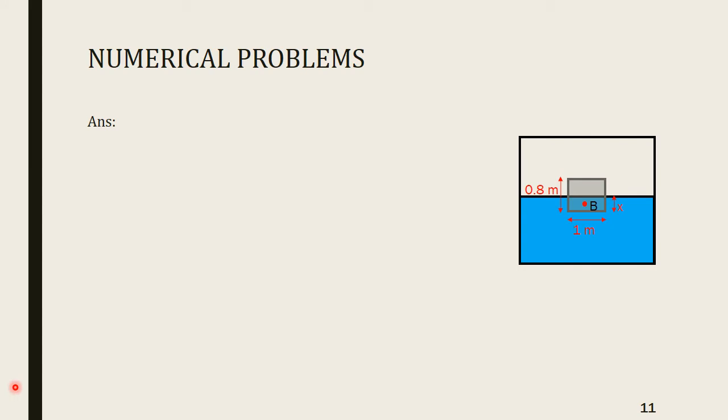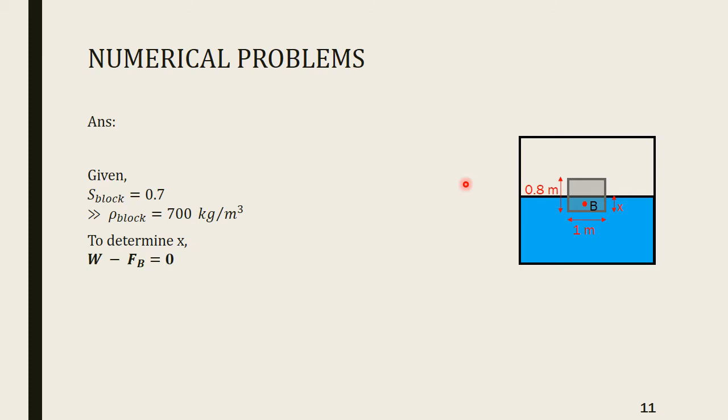So this is the block. Its width is 1 meter and depth is 0.8 meter. Depth of immersion is x, and it's a floating body, and the density of the block is given as 700 kilogram per meter cube. The specific gravity is given as 0.7, so density is 700 kilogram per meter cube. So for determining x, we will use the classic formula for a floating body.